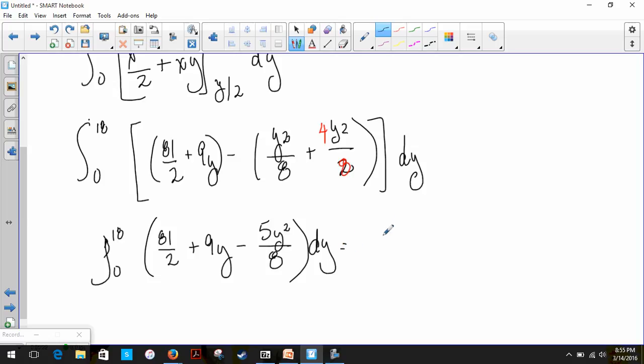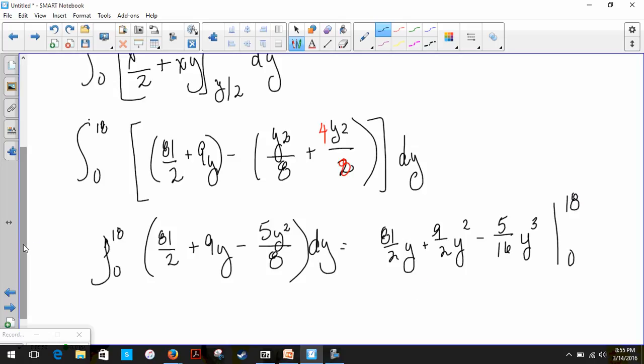So I'll have 81 over 2 y plus a 9/2 y squared. Let's see, that's going to go up to y to the third over 2, so 5/16 y to the third. And now we're going from 0, yay, to 18.